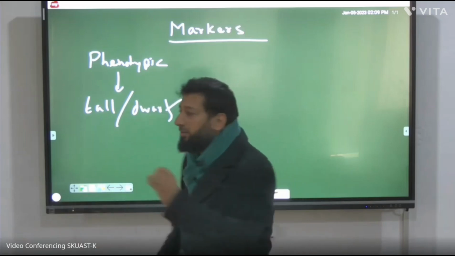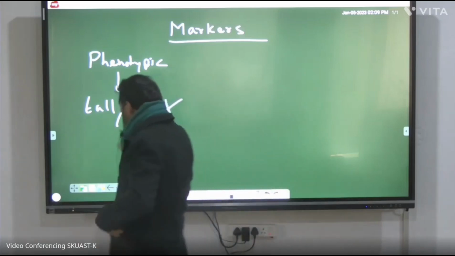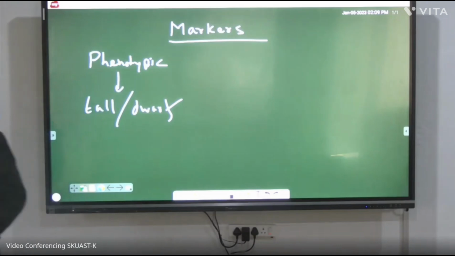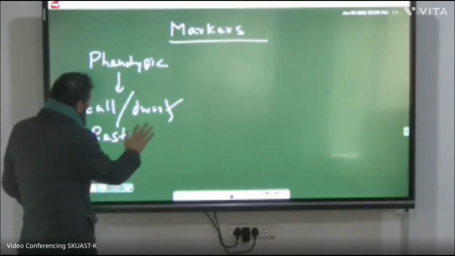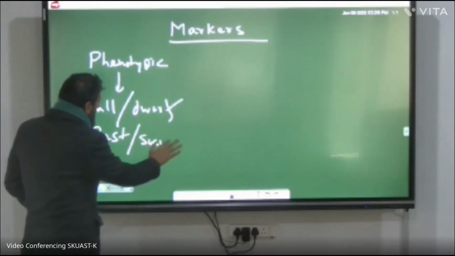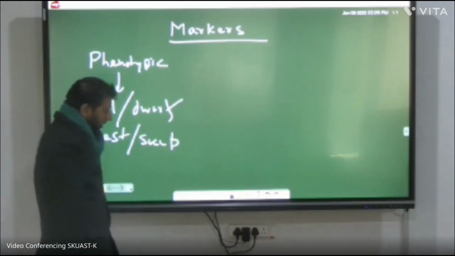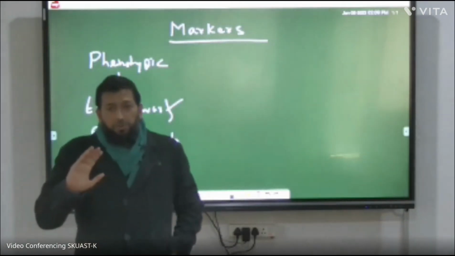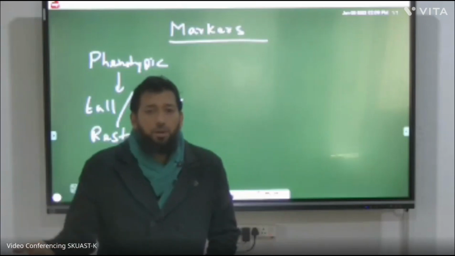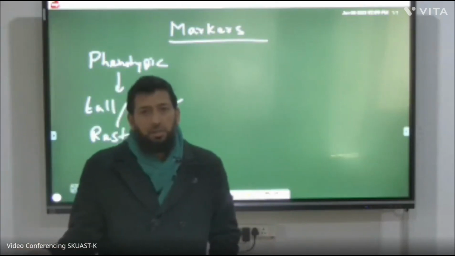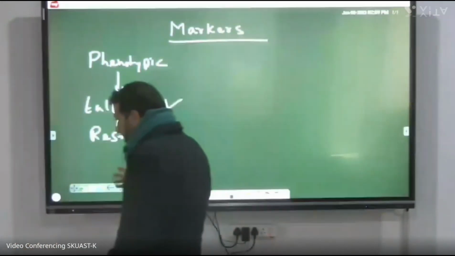The phenotype is a marker. Or like we just said, a plant is resistant or it is susceptible. So morphologically we can tell, right? So these are morphological or phenotypic markers.